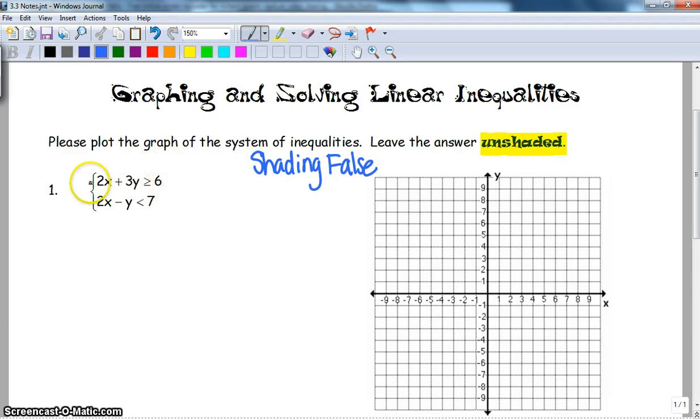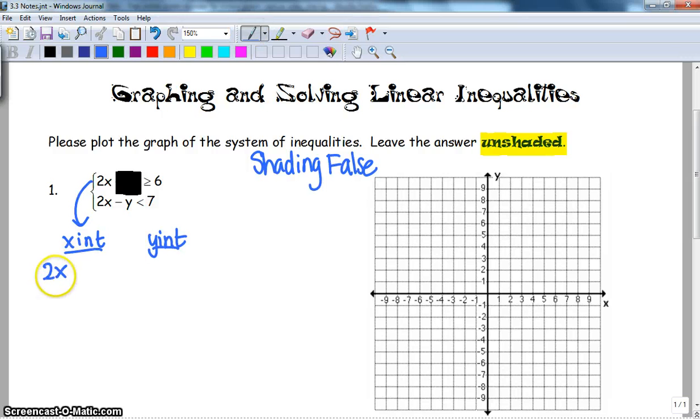You can use your intercepts method if you want, or you can solve for y and plot your y-intercept using your slope. So your x-intercept is where y is 0.